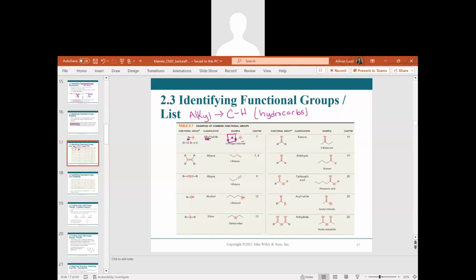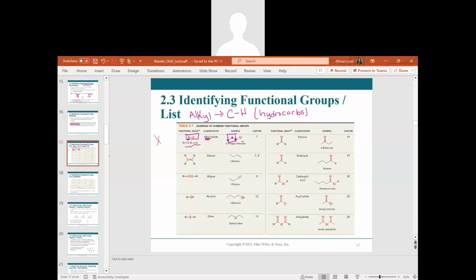If we wanted just to represent an alkyl halide in general, we use the R to represent the hydrocarbon portion, and then the X represents one of these halogens here. X is just a general way to represent a bond to a chlorine, bromine, or iodine. We won't really see fluorine too much.